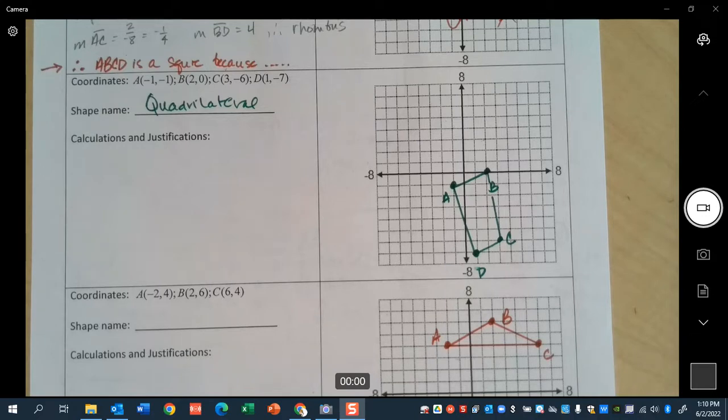And within that, I have my rectangles. And then I have my rhombuses, right? And then we all know what's in here. You okay with that? Within quadrilaterals, I also have my trapezoids. I also have my kites.